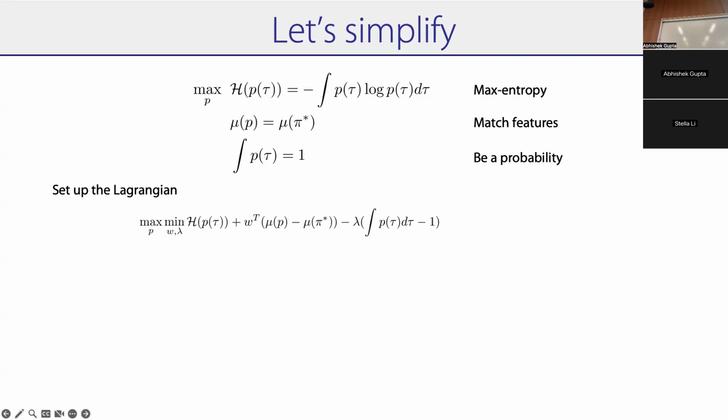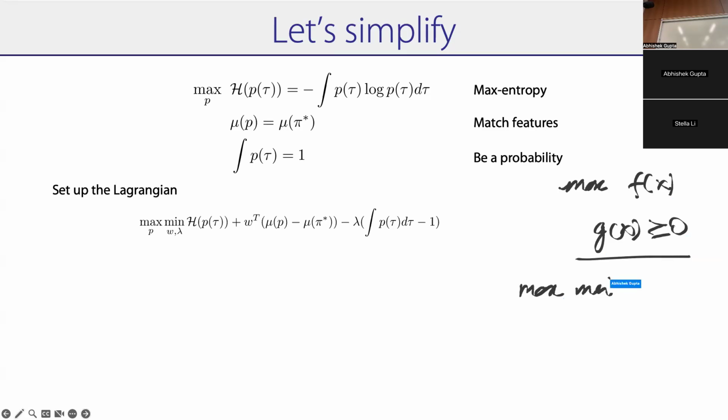So if I have an optimization problem, max of some f subject to a constraint g, then you can write this as max min of f minus W transpose g, where you're trying to do max over x and min over W. Sorry, I always say the signs wrong.